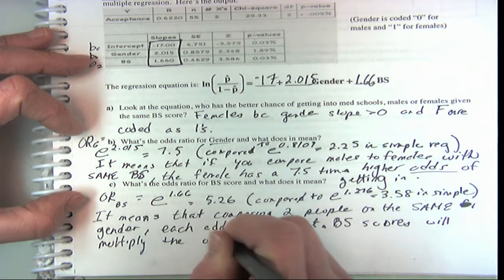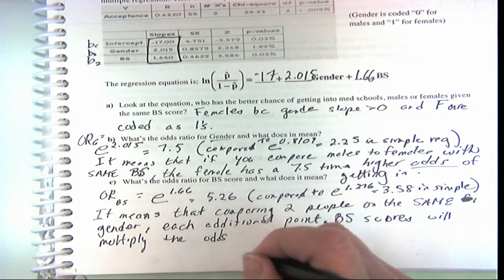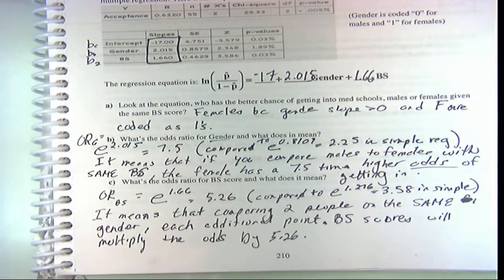Multiply the odds by 5.26, which is more than when you compared people of opposite genders.